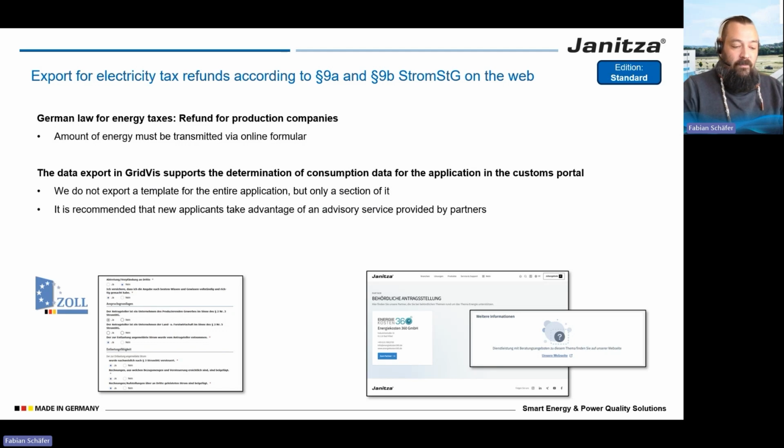So for the international part, I would quickly jump over this because it's very specific to the German laws. Generally, it's a calculation of the amount of energy which you consumed in a specific period of time. So what we do here, there's a bigger process behind this law and this application for electricity tax refunds.